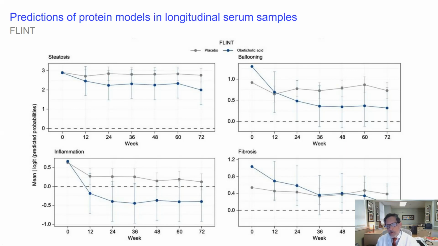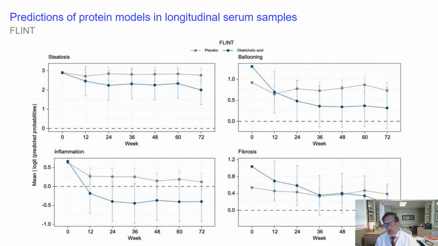With ballooning over here, it looks like the OCA group had a little more ballooning to start with, but they did show this improvement in ballooning compared to the placebo, which was relatively flat. Similarly, you can see a nice improvement in inflammation.